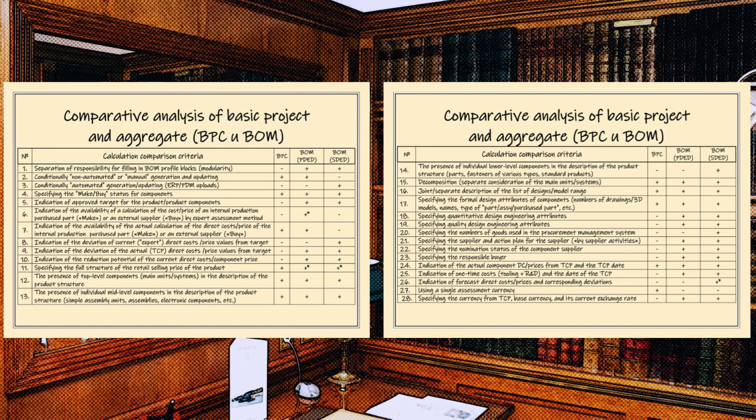electronic components, etc. The criteria for assigning a component to the middle level are the formation of an upper-level assembly unit from components, aggregates, or the upper-level systems mentioned above, and the absence of a separate technical assignment per component.